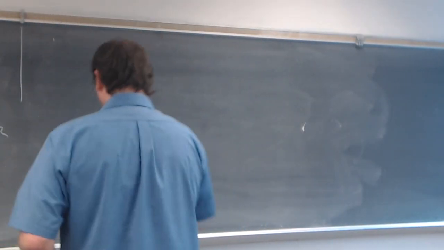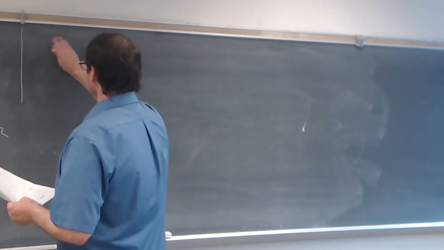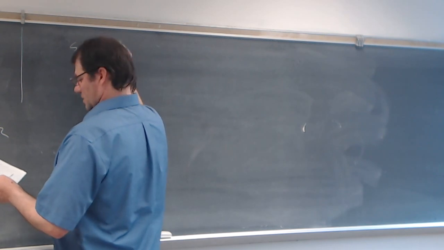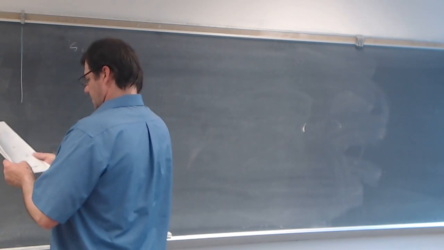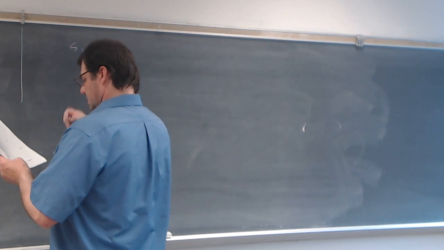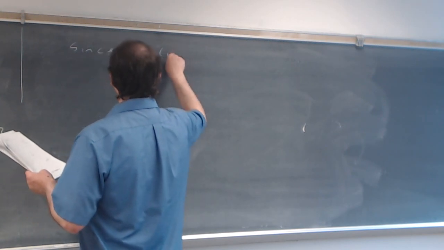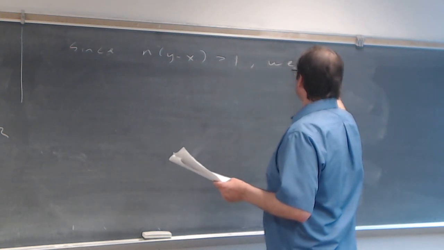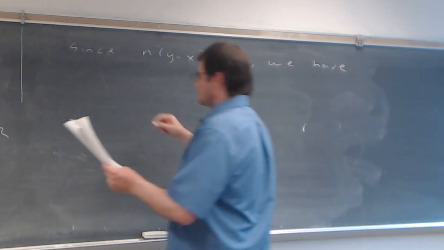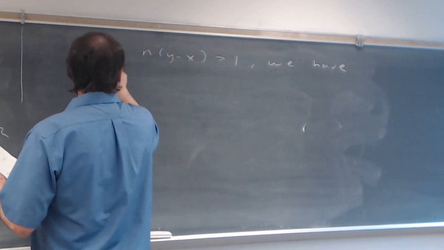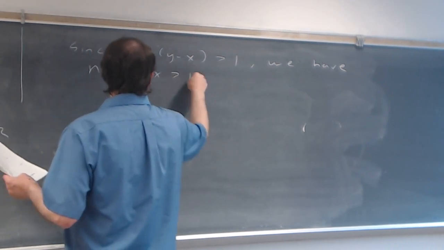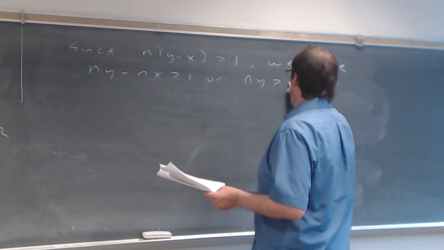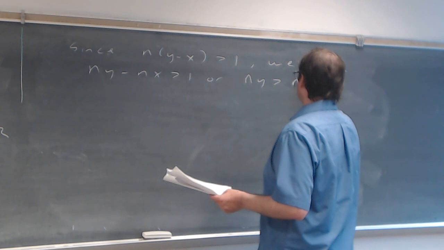Well, if we think back to some of the inequalities we had, since n times y minus x is greater than 1, we have that ny minus nx is greater than 1, or that ny is going to be greater than nx plus 1.